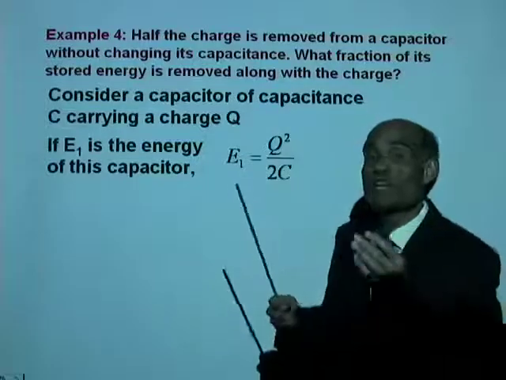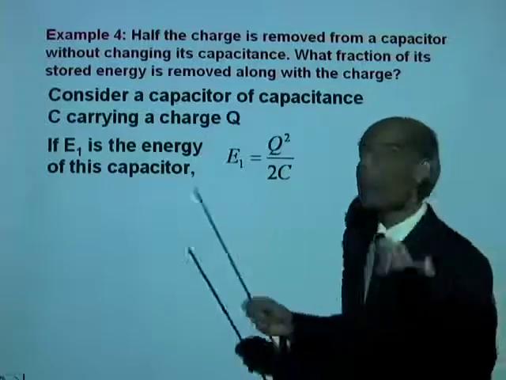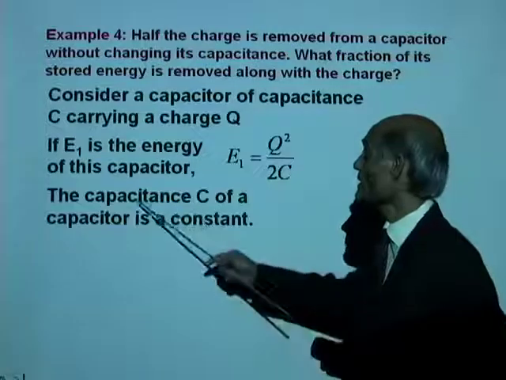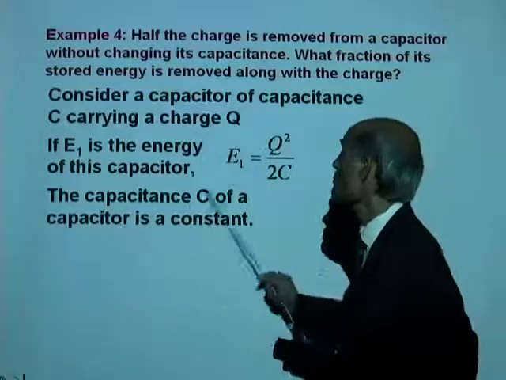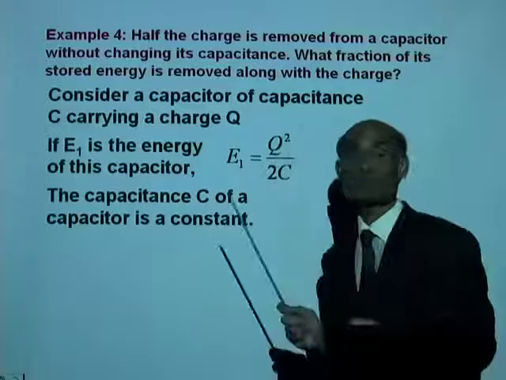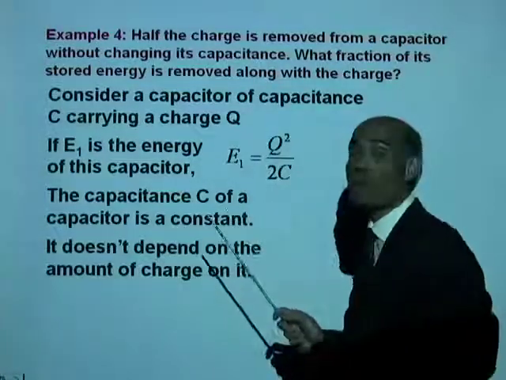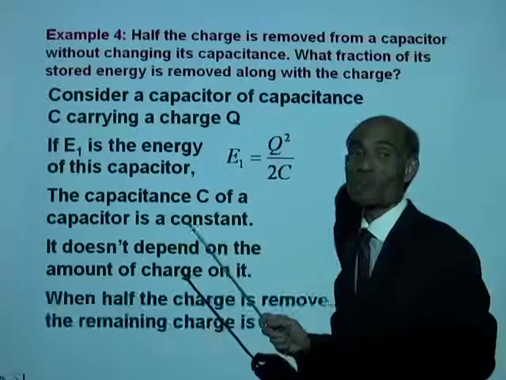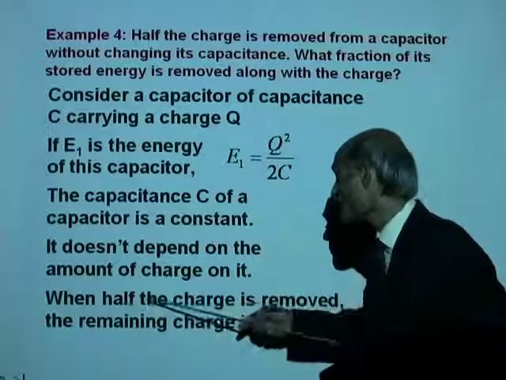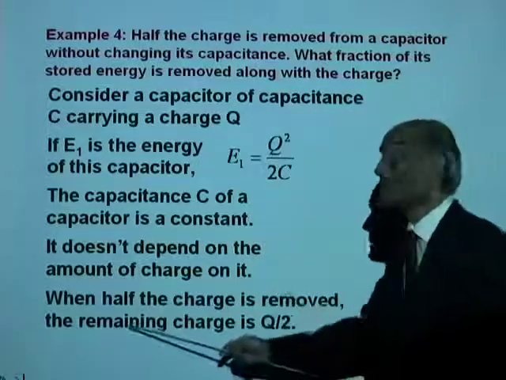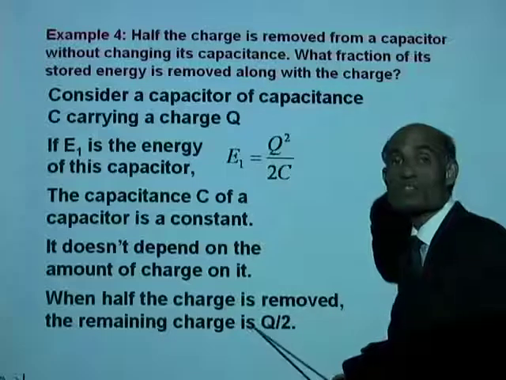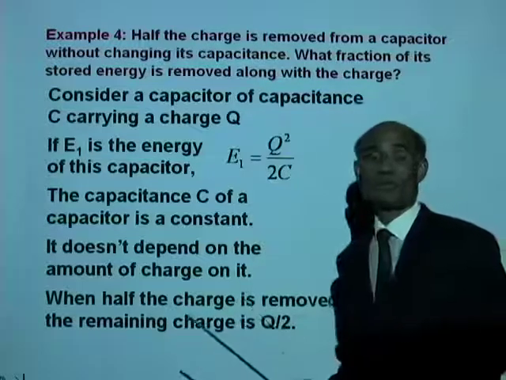So what is remaining in the capacitor is only half of this. The capacitance C of a capacitor is a constant. That doesn't change. It doesn't depend on the amount of charge on it. You know that. When half the charge is removed, the remaining charge is Q over 2.